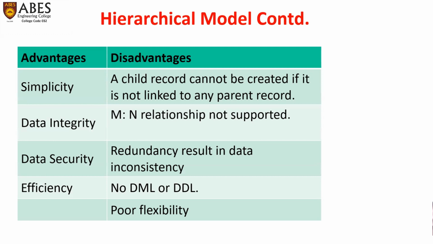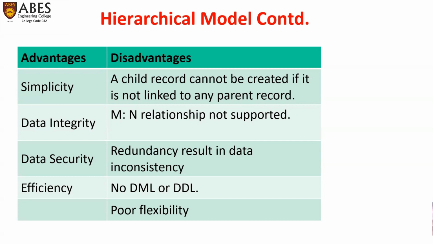Disadvantages: a child record cannot be created if it is not linked to any parent record. Meaning you cannot directly create a child node. You have to link that child node to some parent node. Many-to-many relationships are not supported. Redundancy results in data inconsistency.